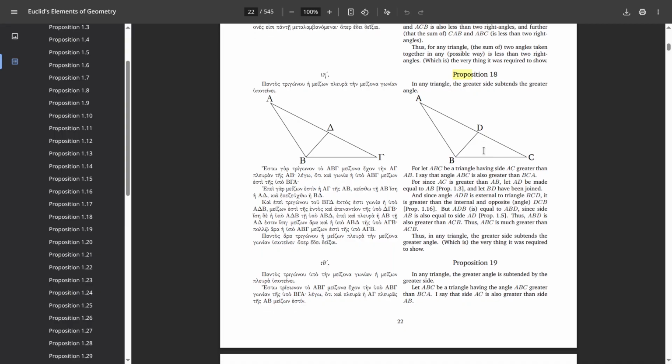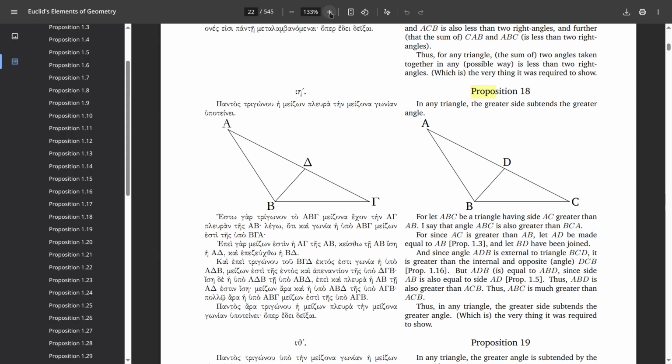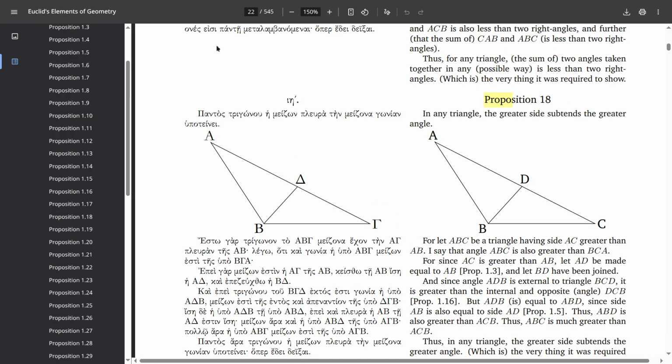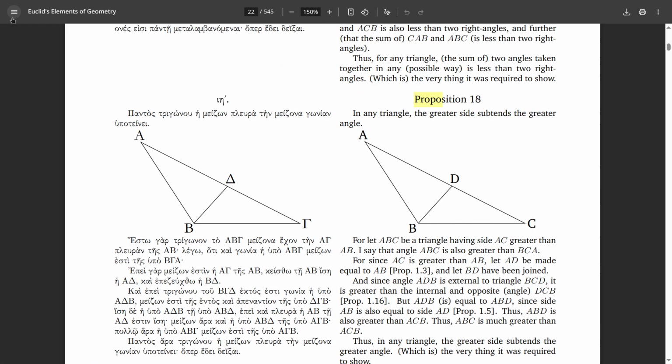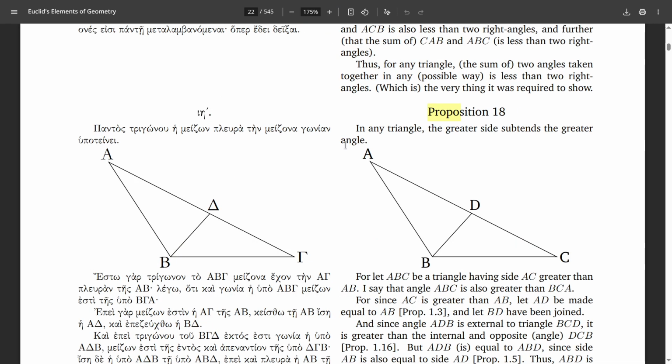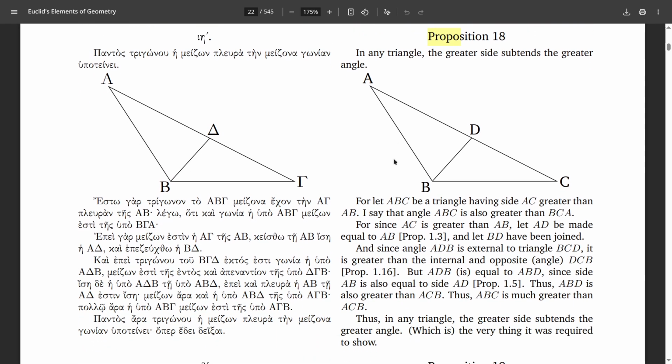In any triangle, the greater side subtends the greater angle. Let's get this zoomed in for myself. So, in any triangle, the greater side subtends the greater angle.